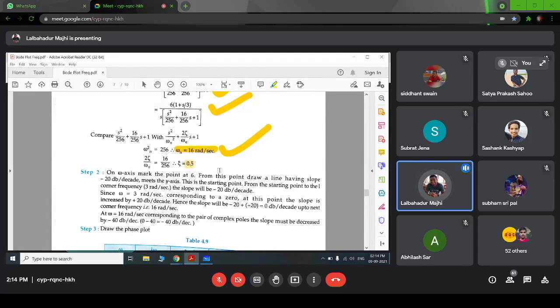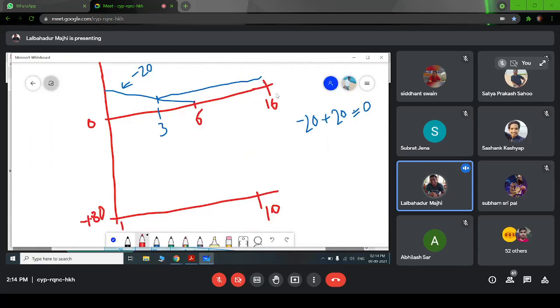Now from the 16 radian per second, we have to draw another slope. What will be that slope? From 16, -40 dB per decade. Yes, -40 dB per decade, right? Because this 16 belongs to a complex conjugate pole.